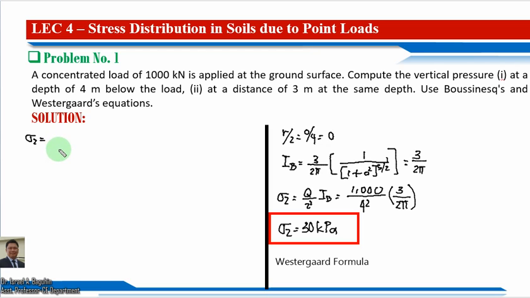Rather, we are going to use the I subscript w in this case, no? So we have here q over z squared times our I subscript w, or our influence factor.